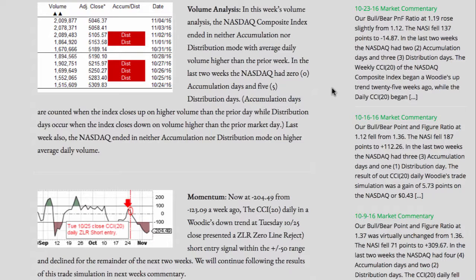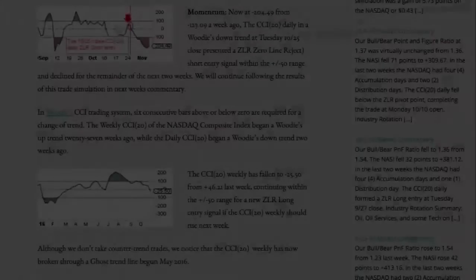Accumulation days are counted when the index closes up on higher volume than the prior market day, while distribution days occur when the index closes down on volume higher than the prior market day. Last week also, the Nasdaq ended in neither accumulation nor distribution mode on higher average daily volume.